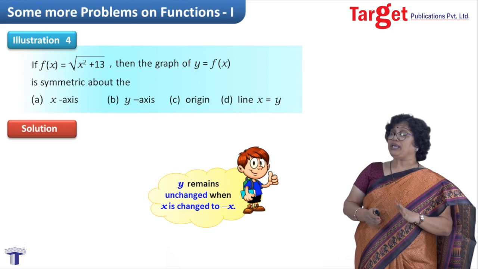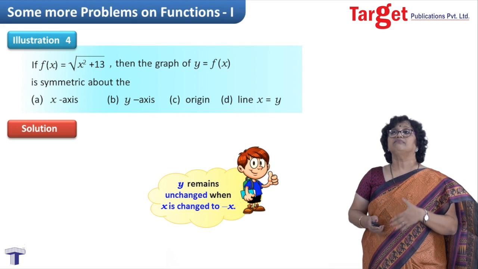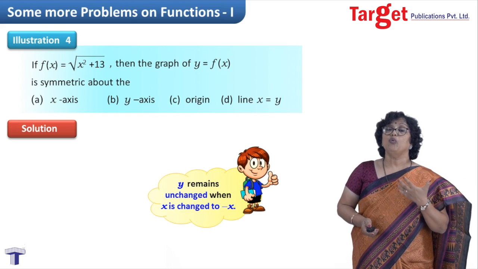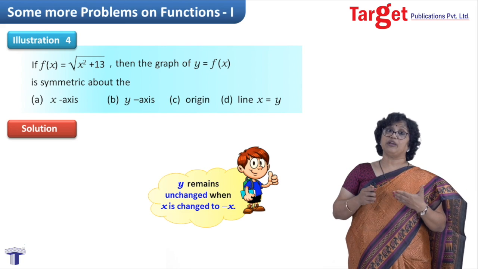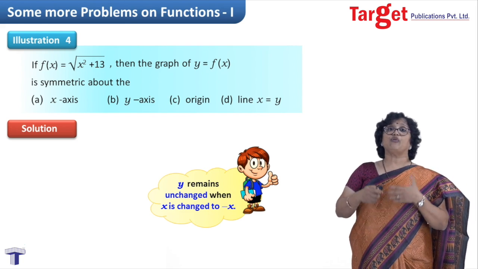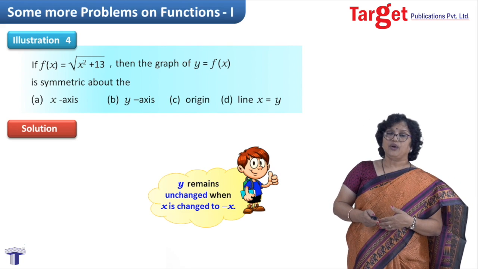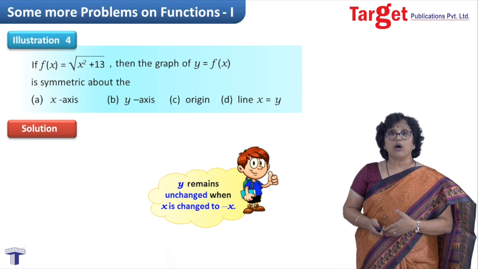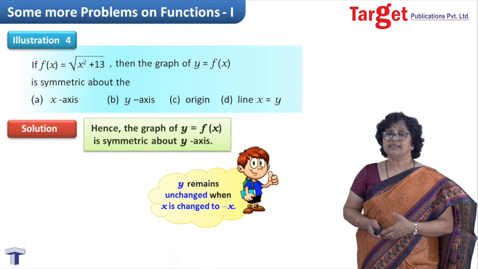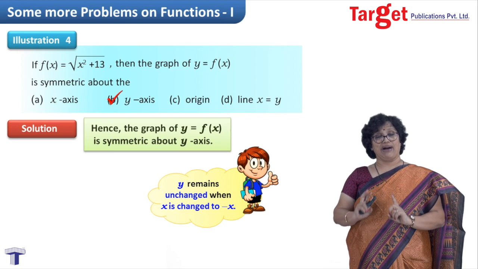And actually, y, which is under root x square plus 13, which I am calling f(x), will remain unchanged if I replace x by minus x. If that is the case, then what kind of even function's graph are you expecting? Was it not symmetric about the y-axis? Isn't it? So the graph of y equal to f(x) is symmetric about the y-axis.